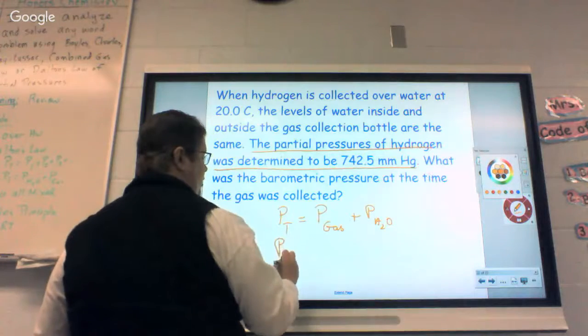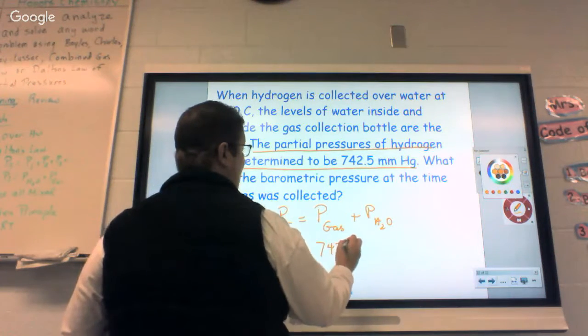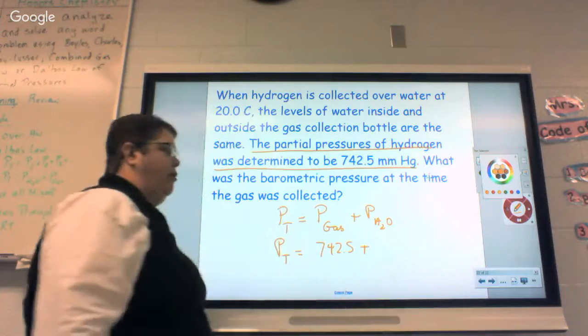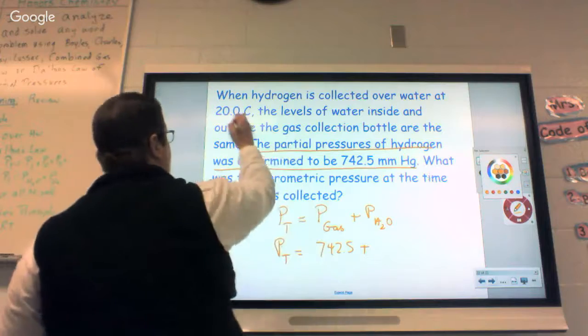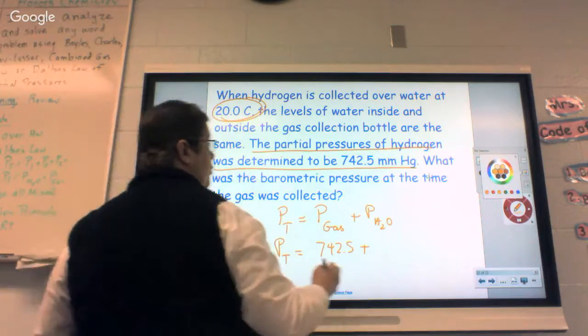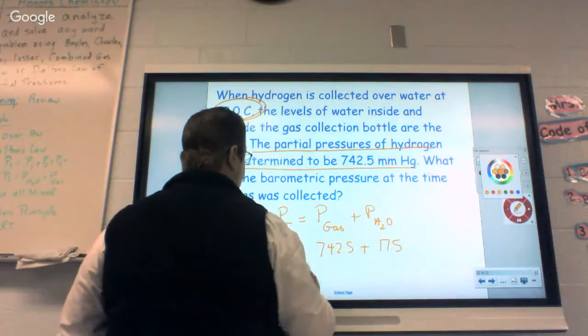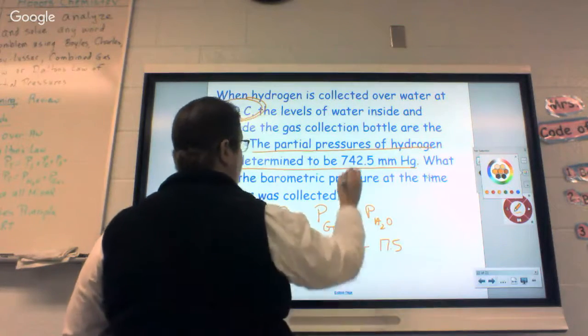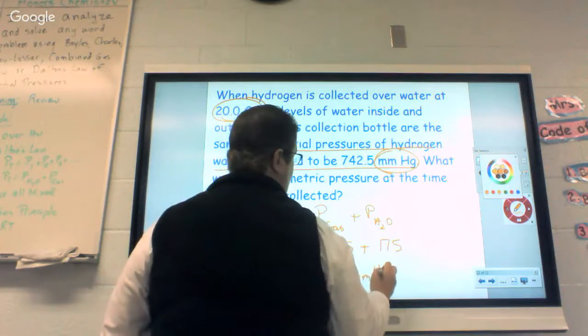So we're looking for P total this time. So partial pressure is 742.5. And where do we find P water every single time? On the sheet. And because I told you again the temperature was 20, it's still what number? When you add, you get a total of. And because these units are still mmHg, you still have mmHg.